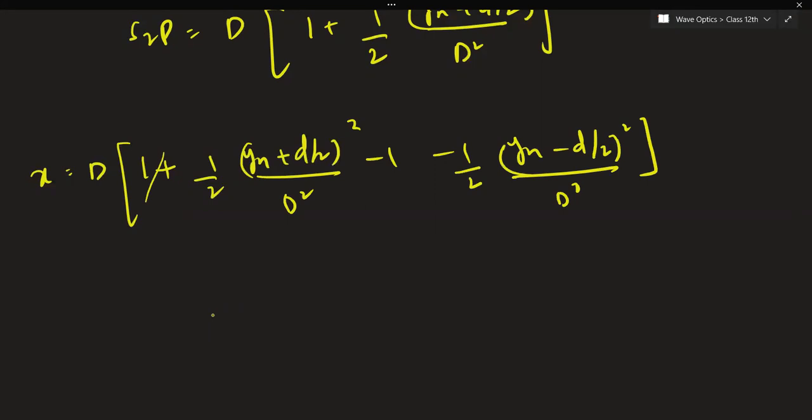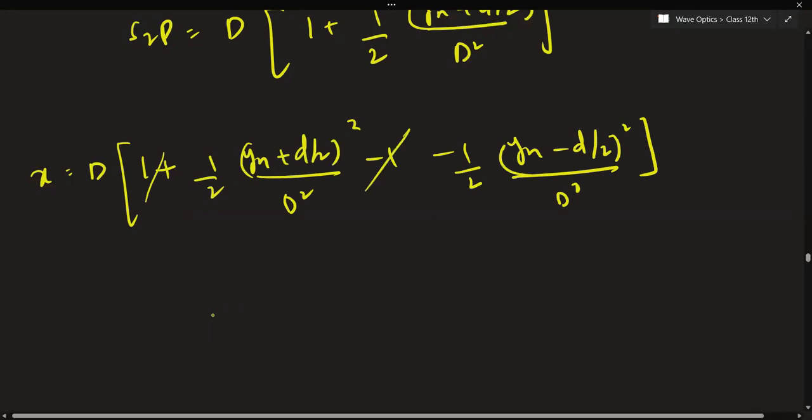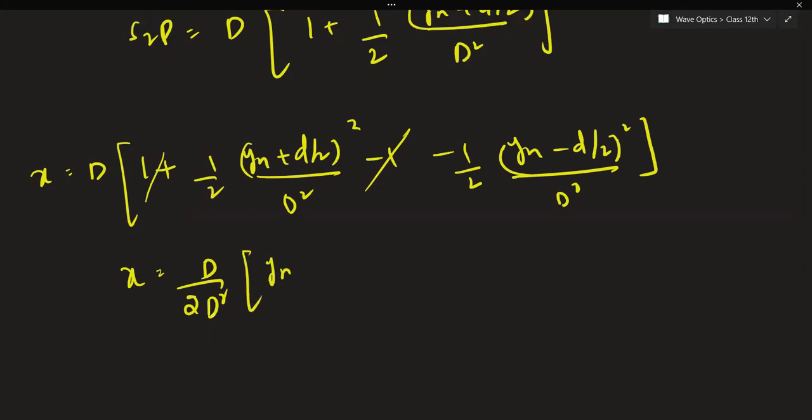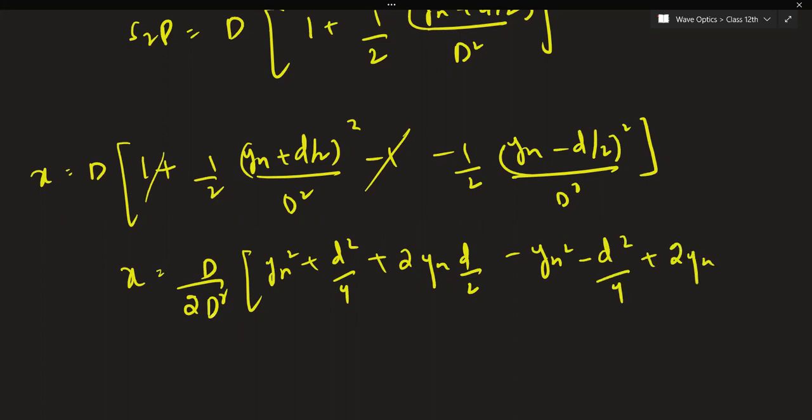So the 1 cancels the other 1. We can take d by 2D square common. If you open up the brackets, this will be a plus b whole square: yn square plus d square by 4 plus 2 yn d by 2, minus yn square minus d square by 4 plus 2 yn d by 2.